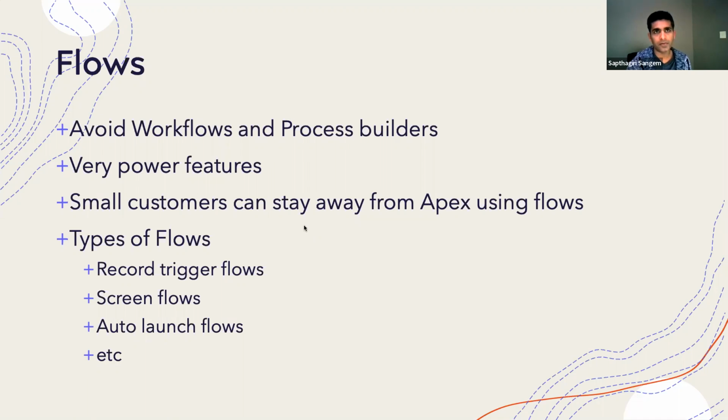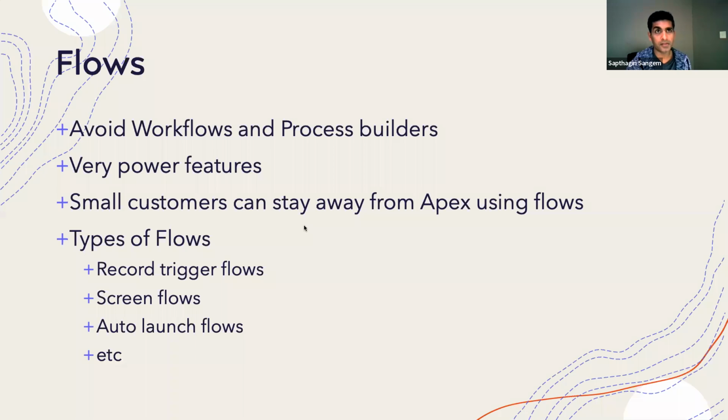Typically, when you go to workflows, there is no single point. Maybe that is one of the reasons why Salesforce is trying to consolidate those. You have to go to workflows and see whether there are any workflows. Then you have to go to process builder and check whether there are any process builders on that object. Then you have to go to flows and check those.